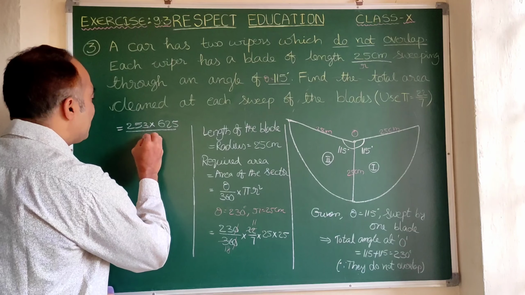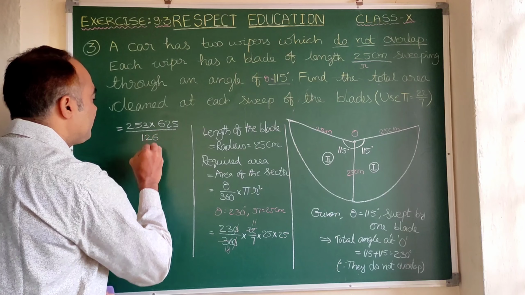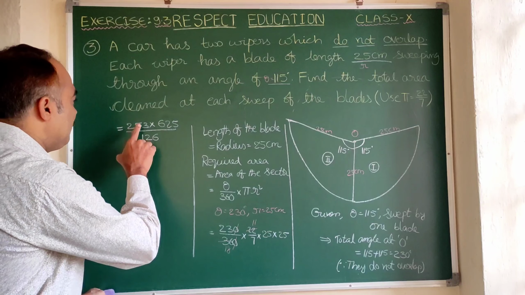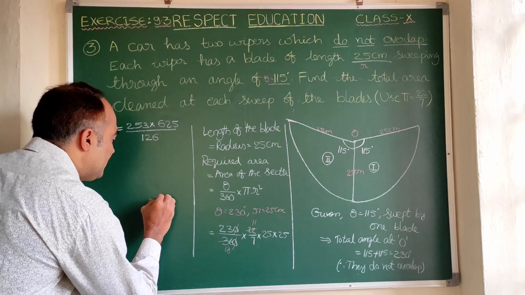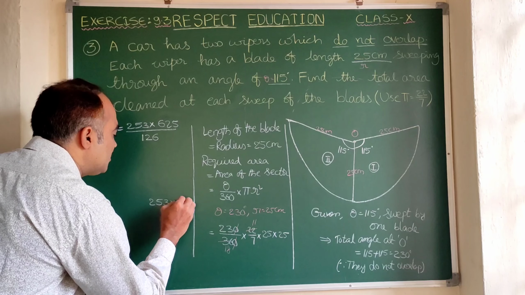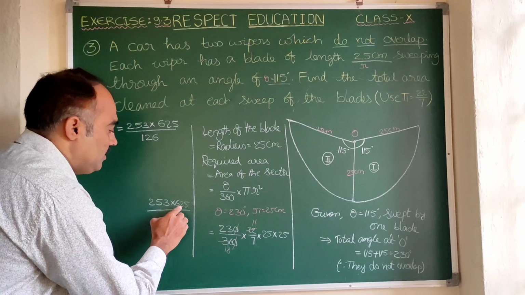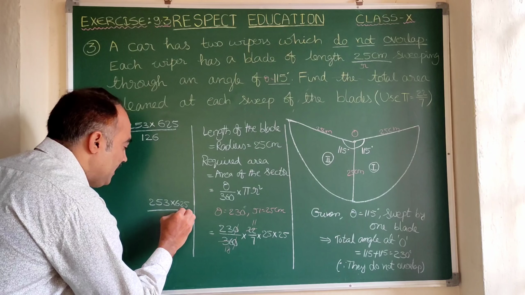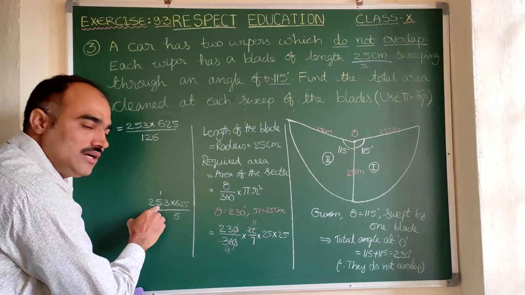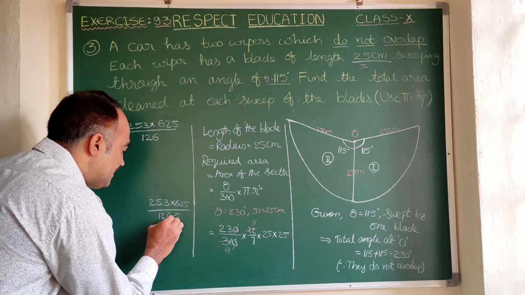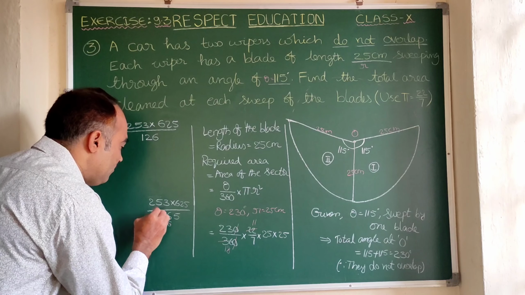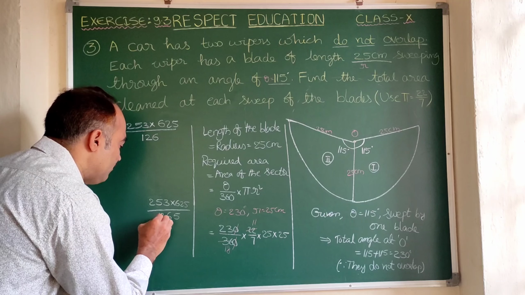18 7s are 126. Now here let us simplify this. First we have to multiply these two values, 253 into 625. So here 5 3s are 15, 1 is carry forward, 5 5s are 25 plus 1 is 26, 2 is carry forward, 5 2s are 10 plus 2 is 12. Now let us multiply with 2. 2 3s are 6, 2 5s are 10, 1 is left, 2 2s are 4 plus 1 is 5.